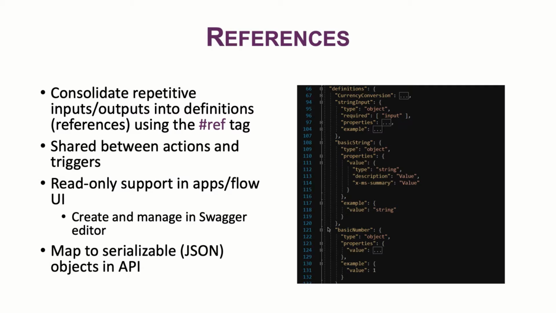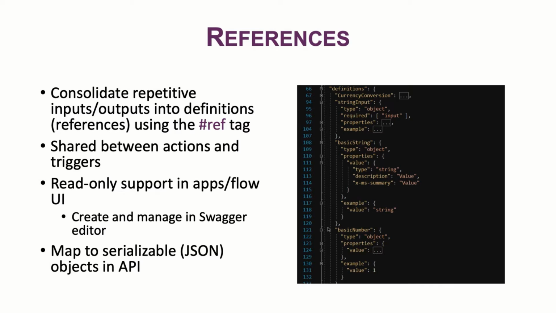So let's say, we're going to look at an example of this when we start doing our demo code, I have an enum that has a list of supported currency values. Well, if I have multiple operations, there's 20 odd currencies in the list. You don't want to have to type that over and over and over again. Plus, when you want to make a change, you don't want to have to do it in 30 different places.